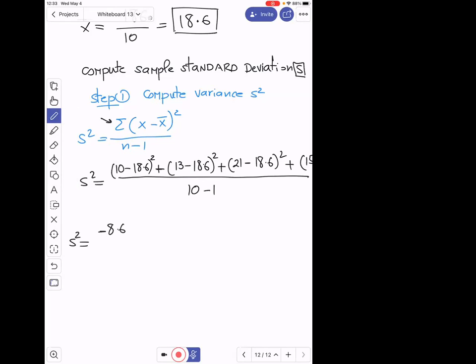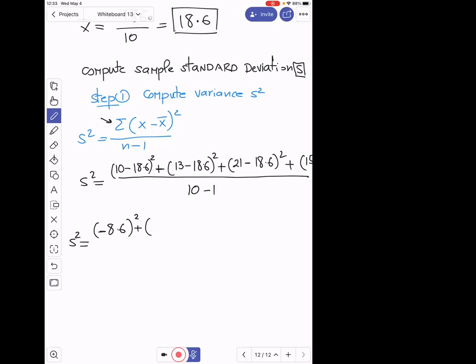So I subtract first, and then I have my parentheses with a square outside the parentheses. So this is the PEMDAS rule: parentheses first, so you do what's inside the parentheses first, and then the exponent.